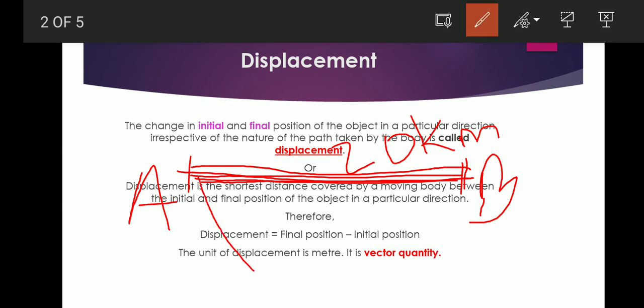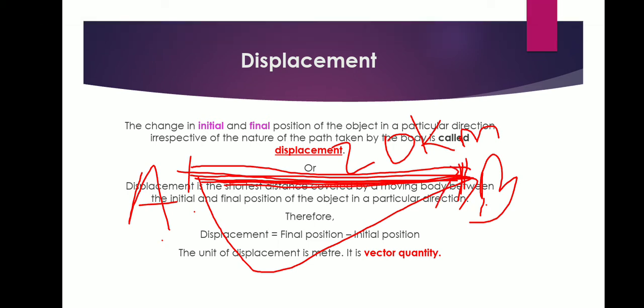Your path is like this, but actually your displacement is towards south. From A to B. See, B is south with respect to this A position. Okay, so your displacement, your direction here is southward.